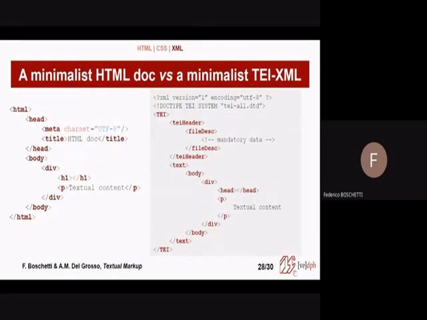Inside of the file description you have some mandatory data that we will see in the next slide. And also in this case it is very important to distinguish between a header in which you have metadata and text with its body that contains the textual content of the document.